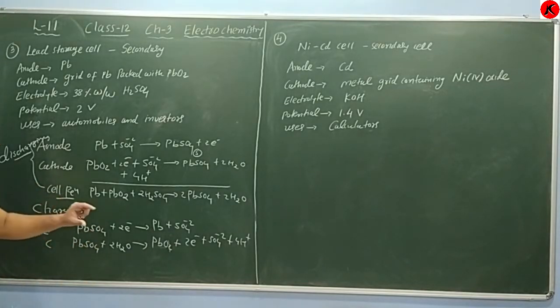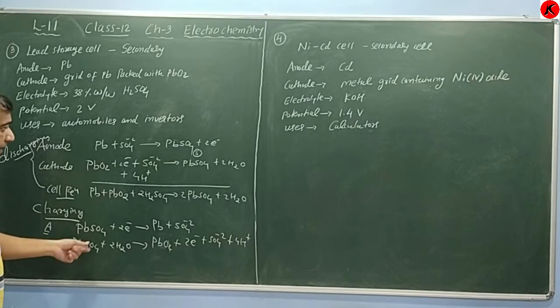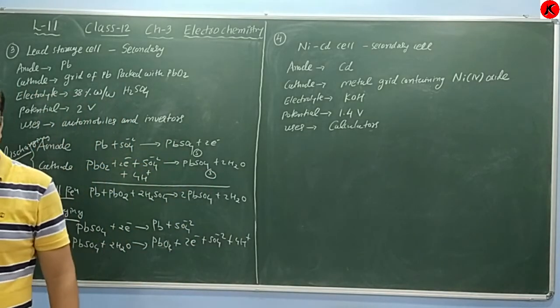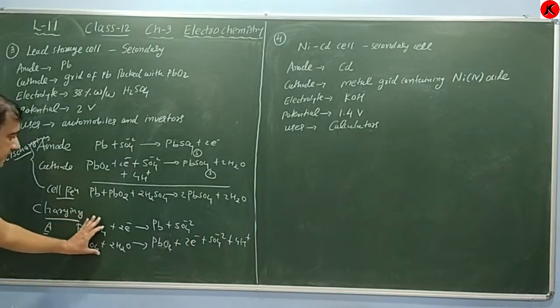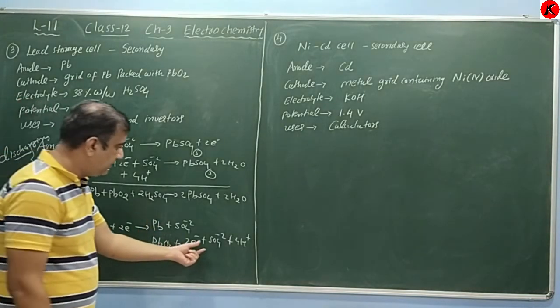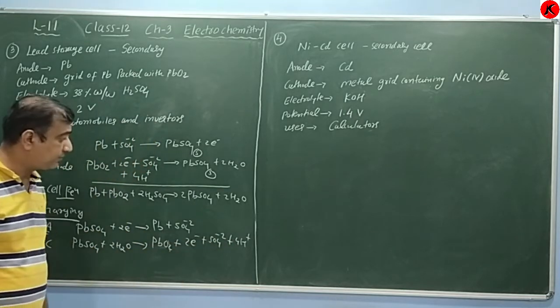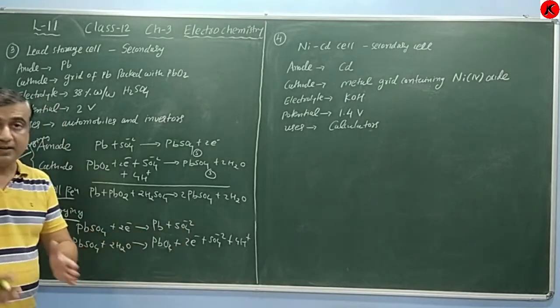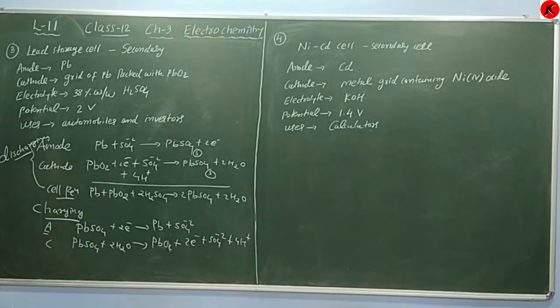And why is this possible? This PbSO4 is in solid form, deposited on the electrode, and can be converted back. During this reaction, H+ and SO4 minus 2 are produced. So we can say during the charging reaction, H2SO4 is generated.